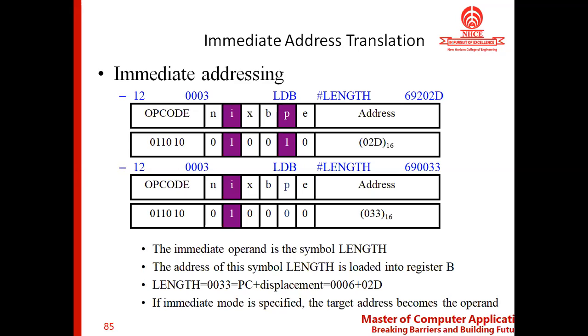In the displacement field, 02D is the displacement, and that's how the object code is formed. So when a symbol is used with hash, that is immediate addressing, it has to follow PC relative, not the constant form. That is the difference shown in these two cases.